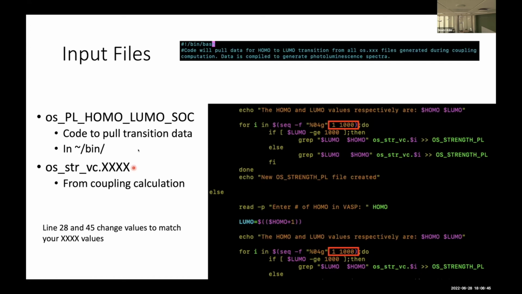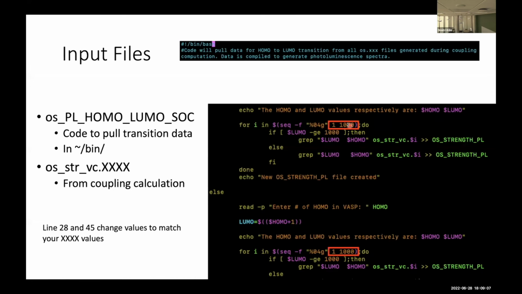So if we open up this OS_PL script, you're going to see what we have over here. And if you look in the red box, I have the values. These are the values of X in the oscillator strength files that you have. So however many you have, you should fill in here.